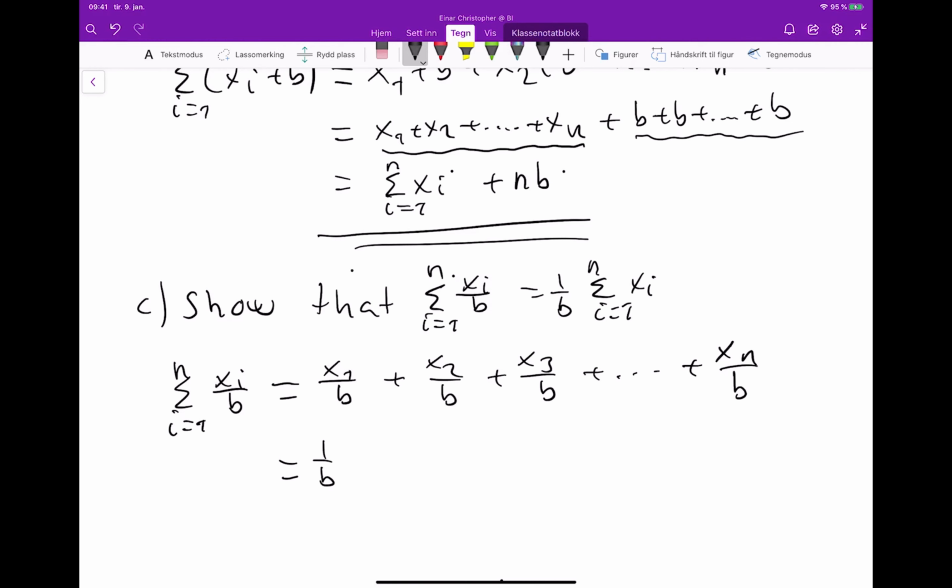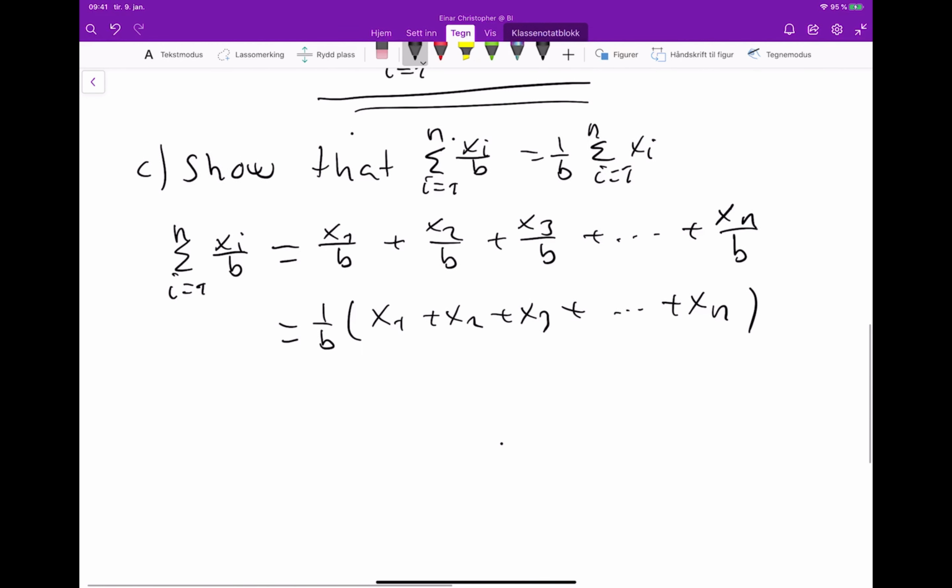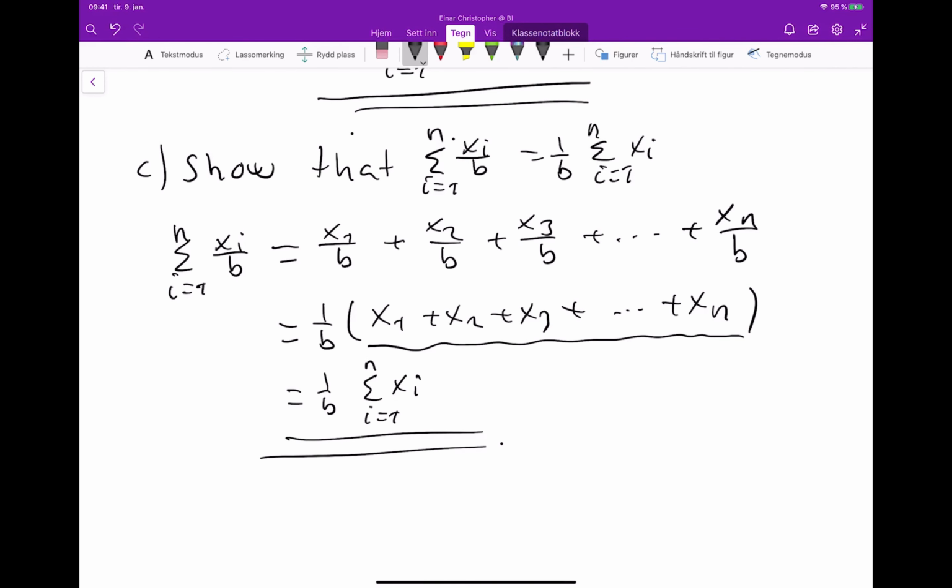So I get 1 divided by b, parenthesis x1 plus x2 plus x3 plus ... plus xn. And then we see that all in this parenthesis is actually just the sum of the xi's from i equal 1 to n. And this was what we were supposed to show. Okay?